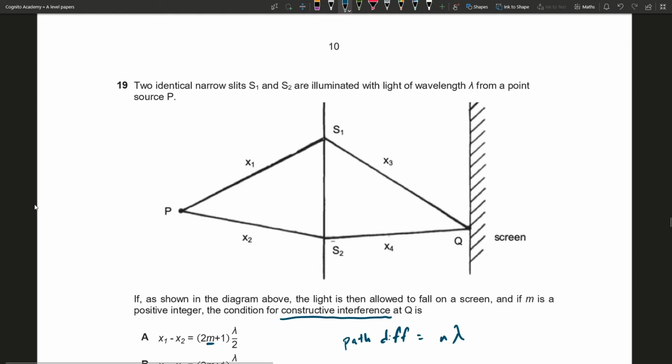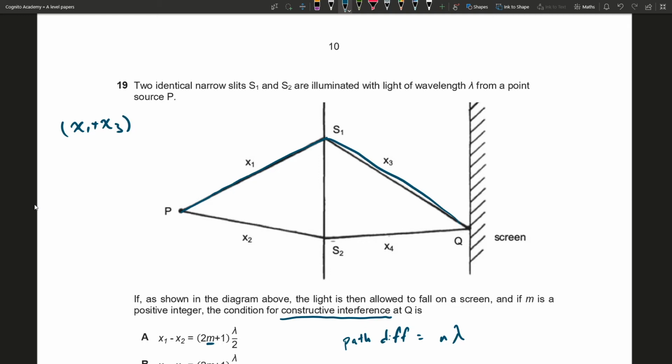So the path difference is essentially the difference in length that the two light paths will travel. One light path will go along x1 to x3, and that is x1 plus x3, the length of this path.